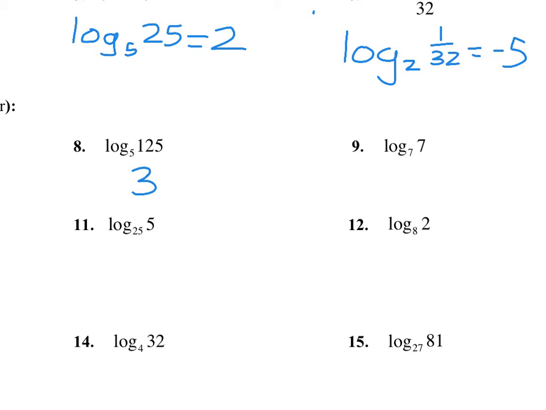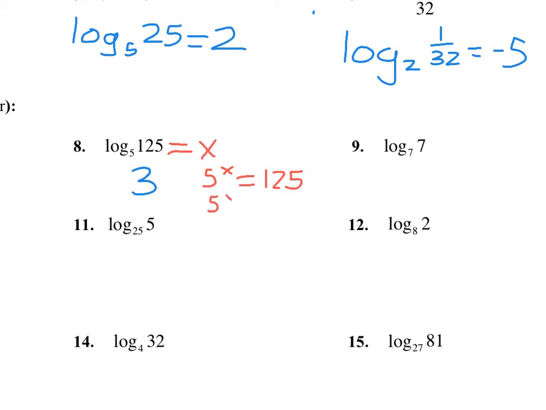Alright, let's actually pretend that we don't know the answer. If I didn't know the answer, what I can do is say the answer is x. Then I can change it to exponential form: 5 to the x equals 125. And then it's just like the last lesson.